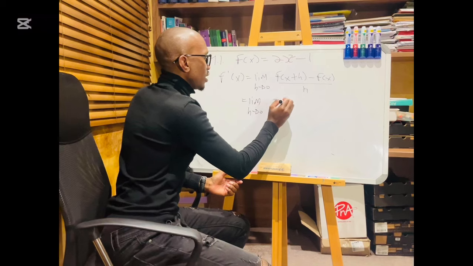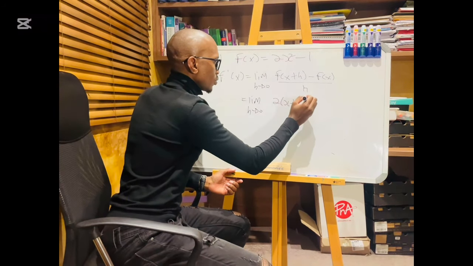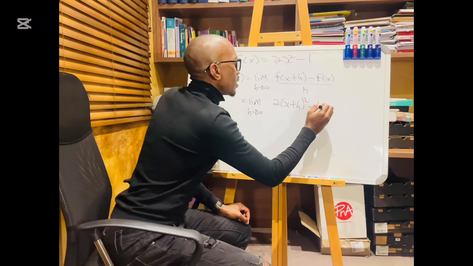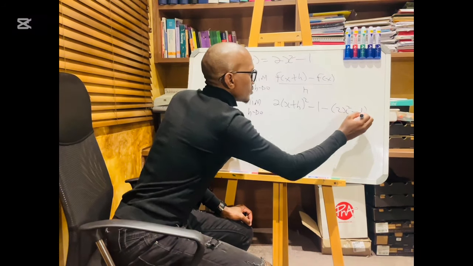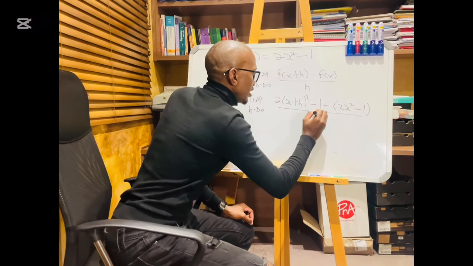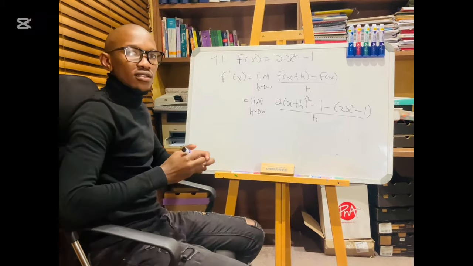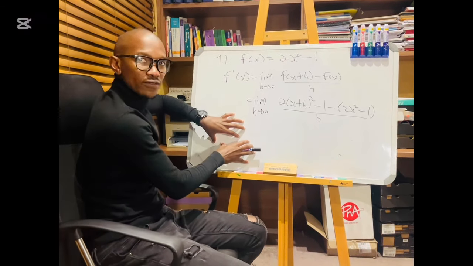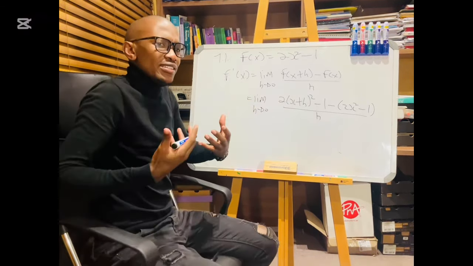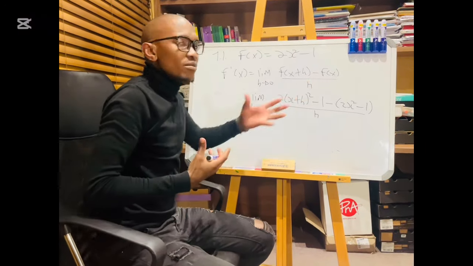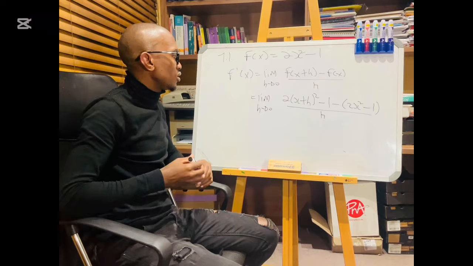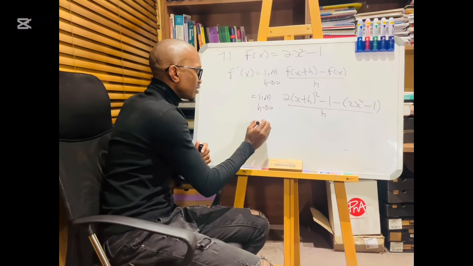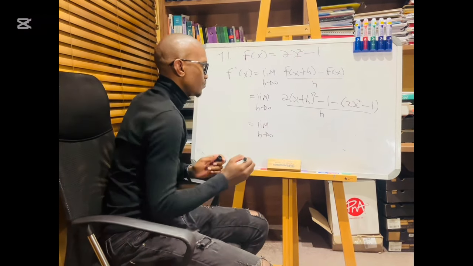Of 2 into (x plus h) all squared minus 1, minus into 2x squared minus 1, all divided by h. Guys, you can see I just had to take this stuff and plug them there. The thing is that you must identify them first before you plug into the formula. Then check the limit as h approaches 0.